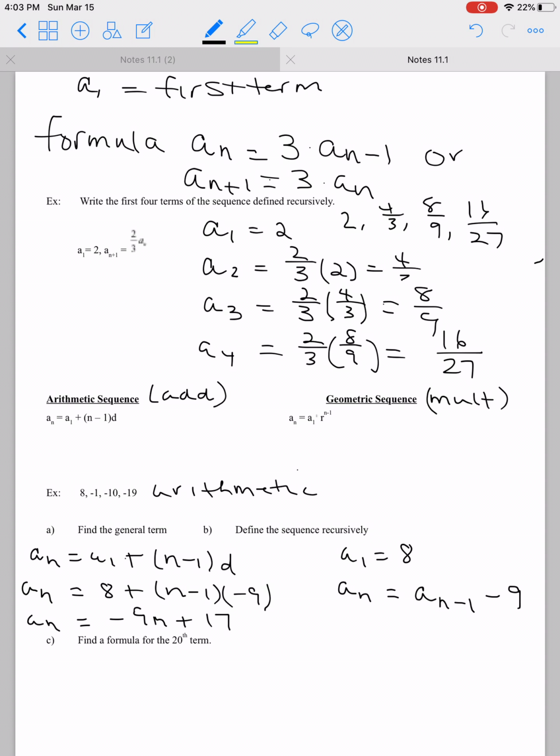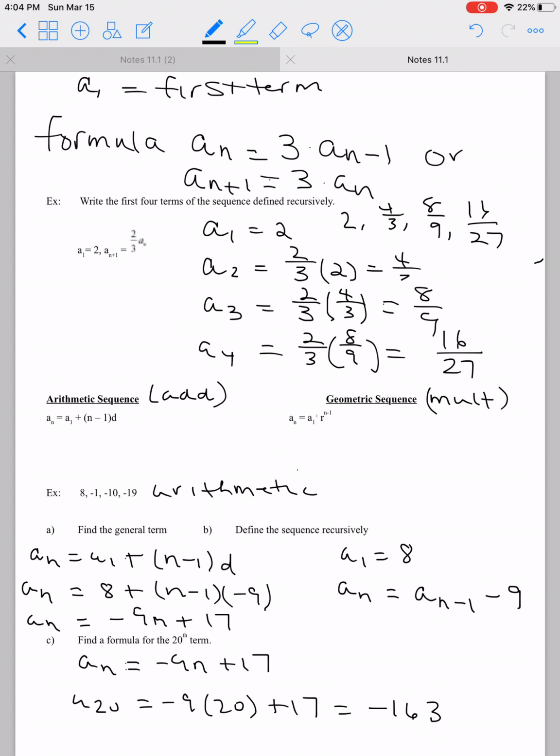You could use either one. We're going to use the general term because it gives it to us by plugging in what we want. And I want to find the 20th term. So -9 times 20 plus 17. And that would give us -163. So that's finding that term using our explicit formula.